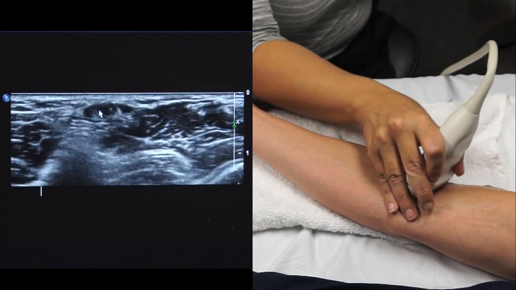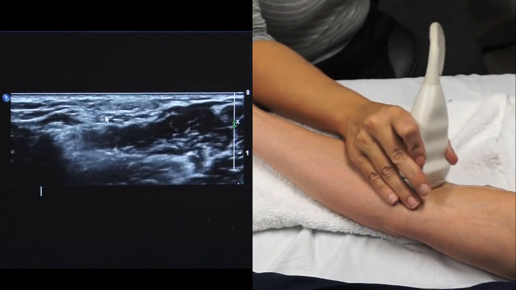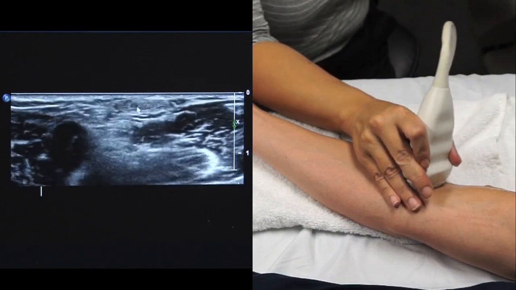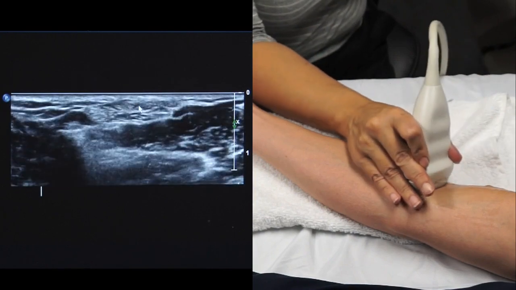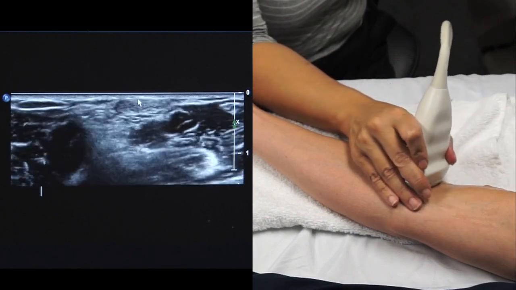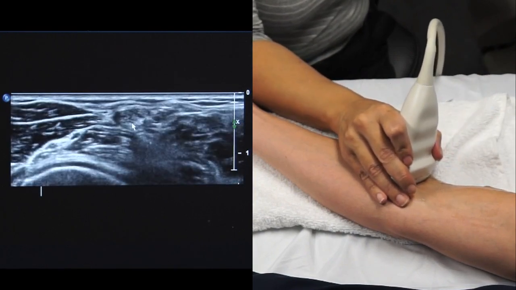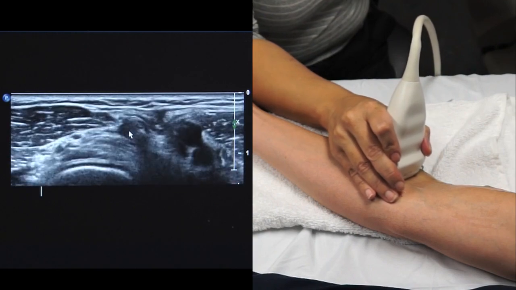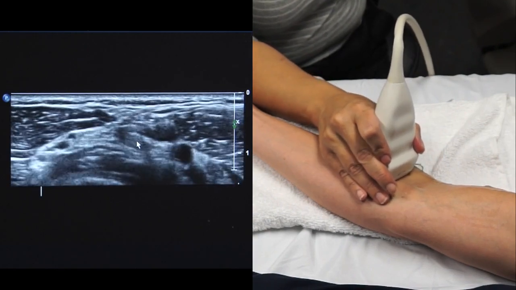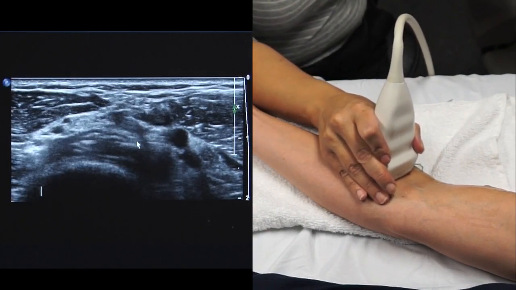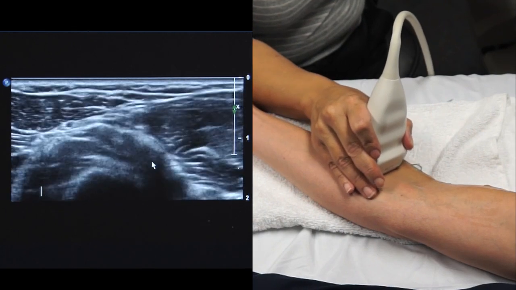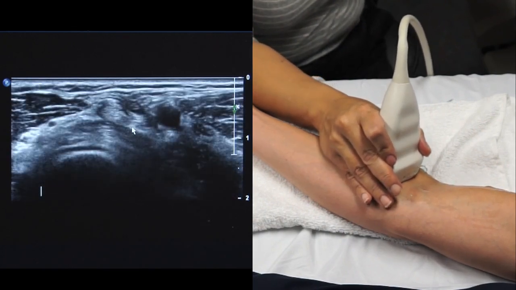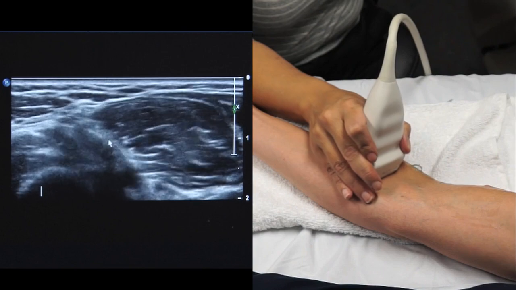And if you happen to not see the tendon, perhaps you're experiencing anisotropy, so you would like to rock the transducer to make sure that you see the bright tendon. And you can scan down distal to follow the tendon. I'm adjusting the depth again as it comes to its insertion. And again, you will be losing echogenicity due to anisotropy.